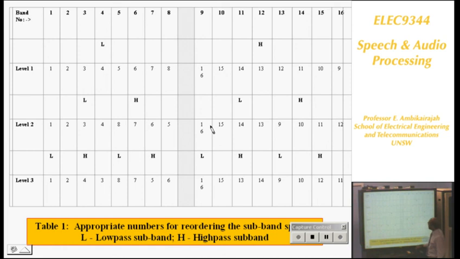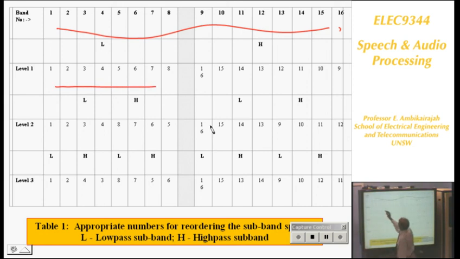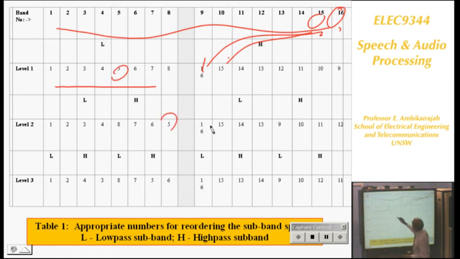Here you start with all the bands. When I do low and high, I get a low here and a high here. When you subsample, the 16th filter comes in here and the 15th comes in here. This is called spectral reform. When you go to the next level, you can find the 5th one comes here.